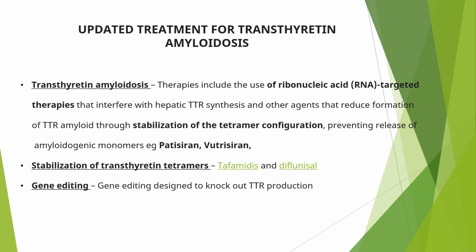Then apart from that, there is a gene editing option that we have, that we knock out the TTR production gene. And then there is stabilization of the transthyretin tetramers, for which we're giving tafamidis and diflunisal.